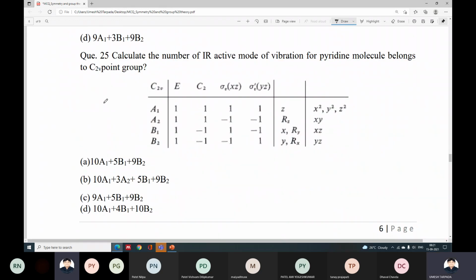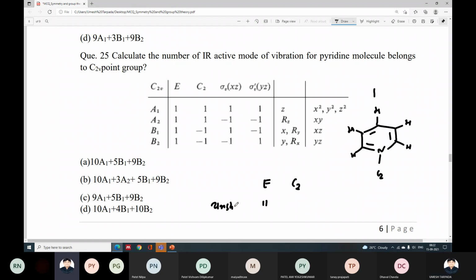Similarly, in the case of pyridine, you can do the calculation. Remember, this is pyridine. So how many atoms are there? 11 atoms. So this is your C2 axis. If you do E operation, then all 11 remain unshifted. If you do C2 operation, then nitrogen, carbon and hydrogen, 3 atoms remain unshifted.